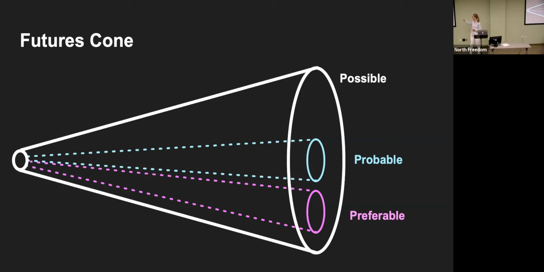The smallest area of the cone is what's probably going to happen if we don't make a lot of change. Preferable might be a little bit outside. If we were to look into the future and change our path, we could maybe head in an area that is more preferred for a product. And then there's a huge breadth of what's just possible in general.